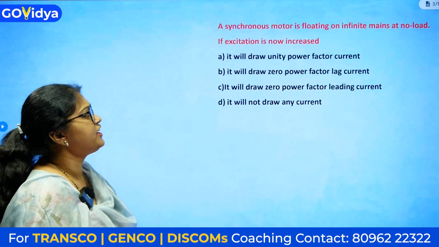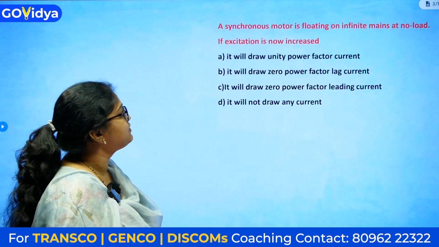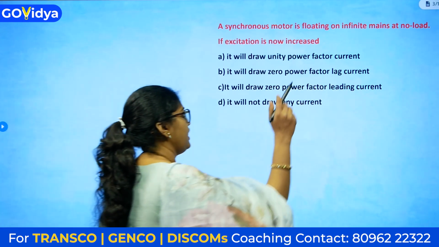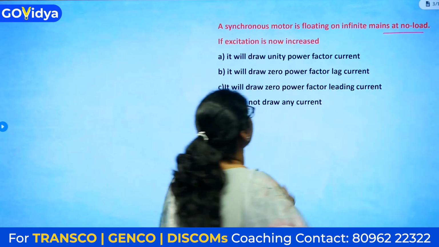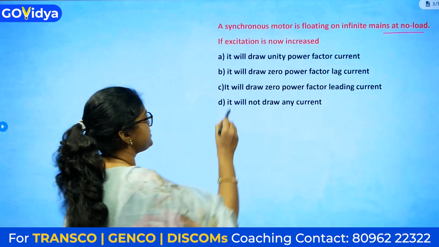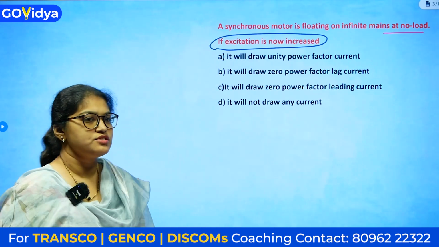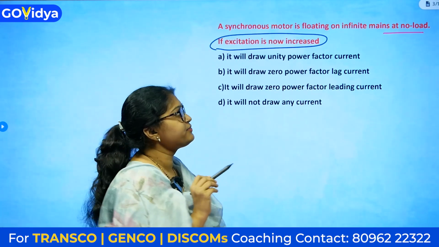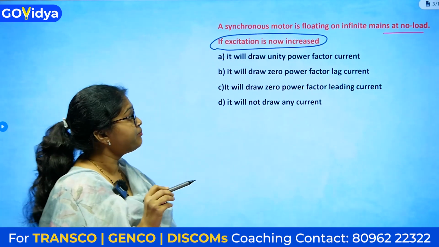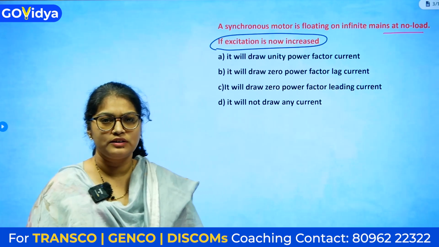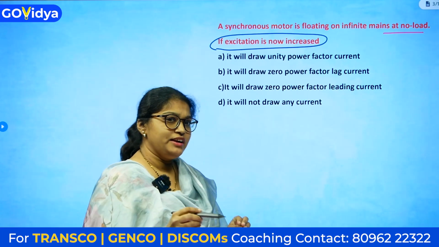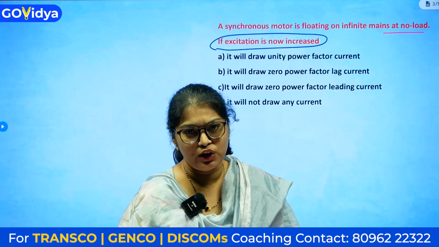A synchronous motor is floating on an infinite mains at no load. If excitation is now increased. So the motor is floating on infinite mains at no load, which means it is not having any mechanical load.